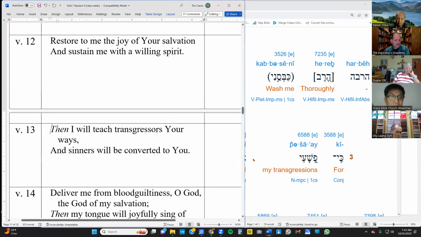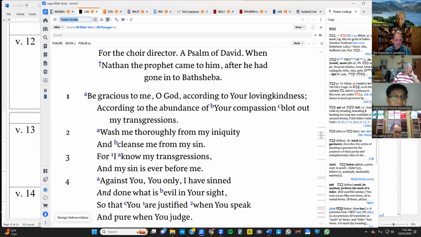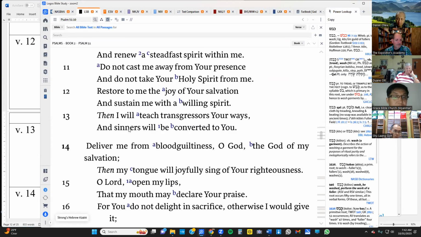You see that there? Verse 13, then I will teach transgressors your way and sinners will be converted to you. Well, if you go to verse 13, notice the word, by the way, is italicized. So remember, that tells us that's the translator saying they added that word to give a little more clarity.